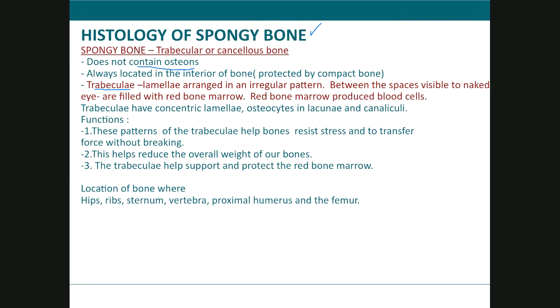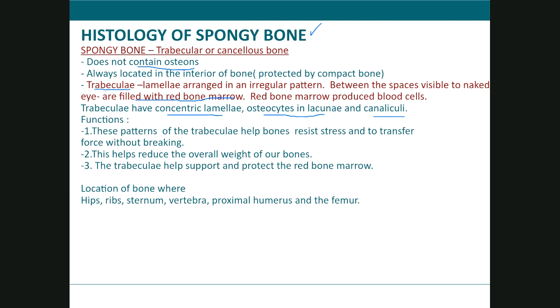There are these irregular patterns, and within these spaces is where we have red bone marrow that produces blood cells via hematopoiesis. The trabeculae contain concentric laminae, with the osteocytes within lacunae and canaliculi, but they do not contain osteons.